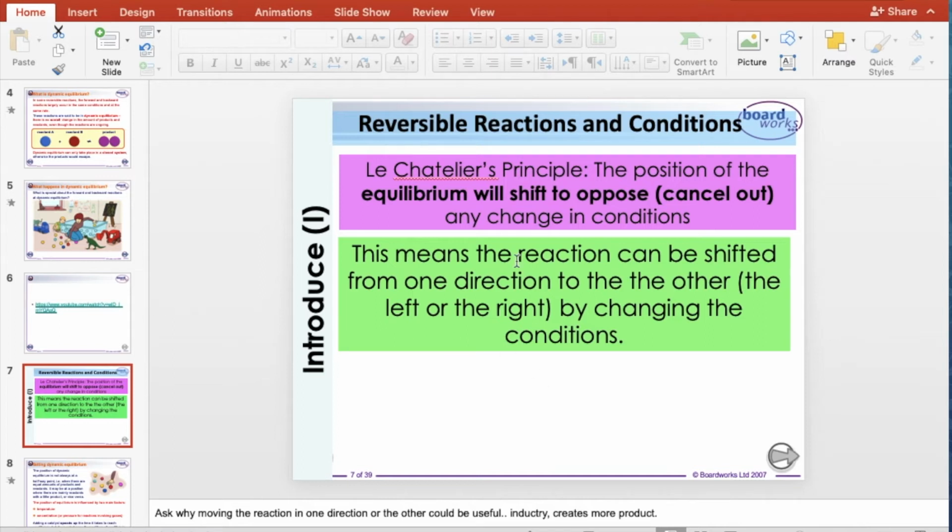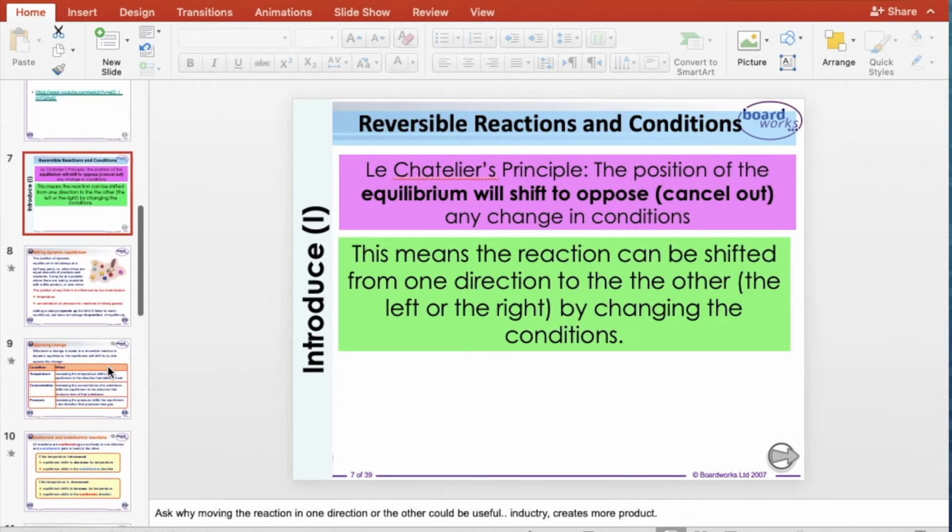This is called Le Chatelier's principle, and it has to do with the position of the equilibrium in a reversible reaction. Normally the reaction can be shifted from one direction to the other, left or right, depending on what we change.